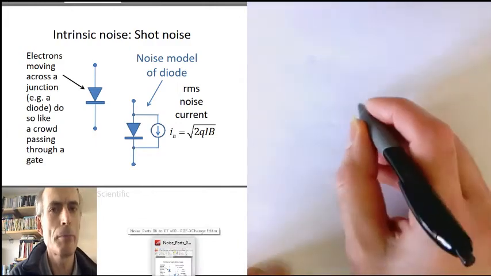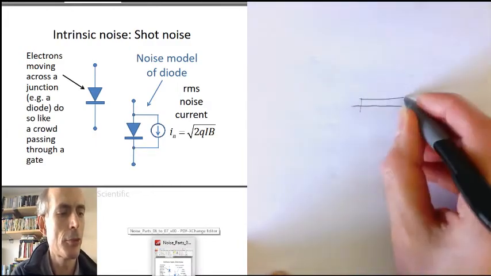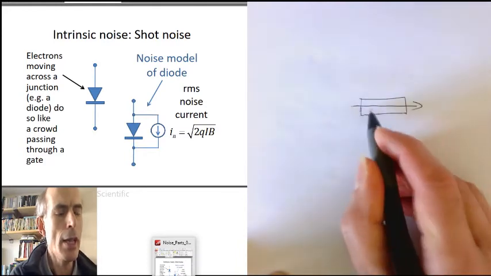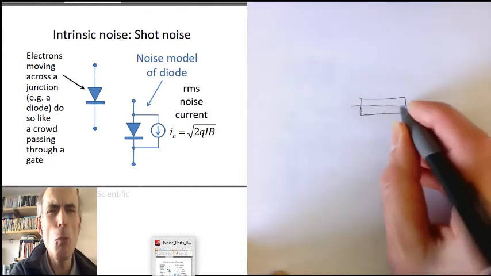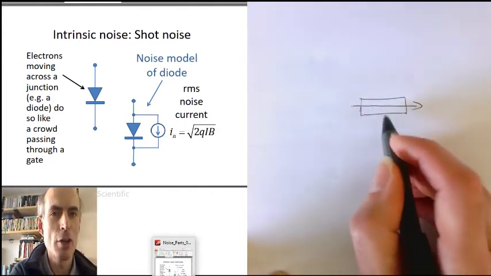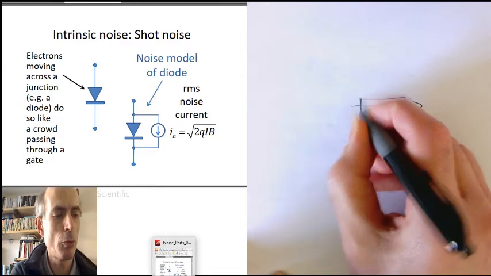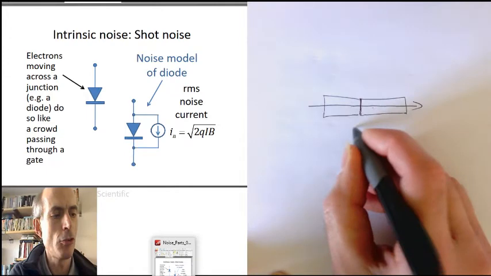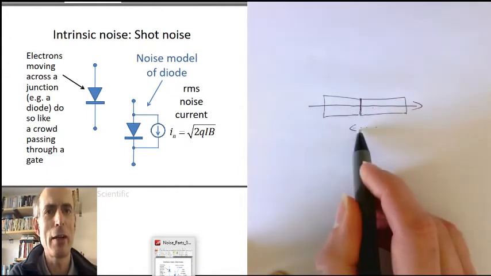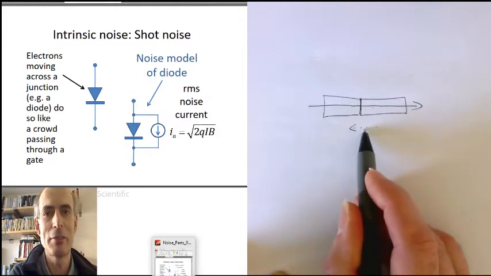Supposing you've got a current flowing through a conductor, something like this. If at any tiny instance of time a few more electrons than average move across, say, this point here, remembering that the electrons are actually moving in the opposite direction to the conventional way that we indicate current, because electrons are negatively charged.